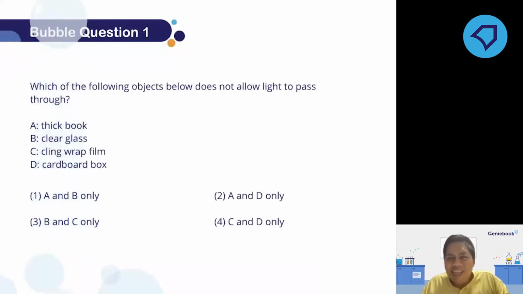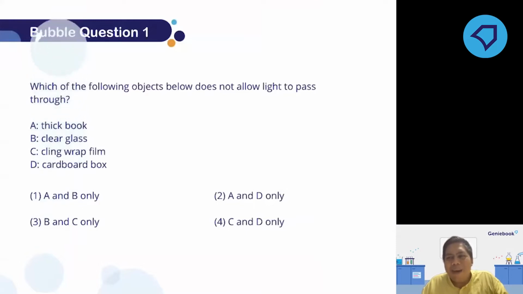Well done, those who get correct. Those who are still thinking, quickly lock in your answer. You only have 7, 6, 5, 4, 3, 2, 1.